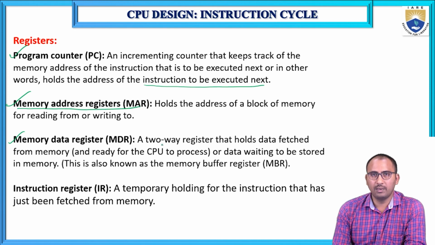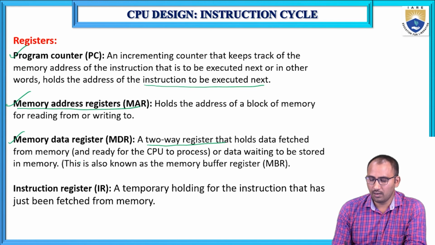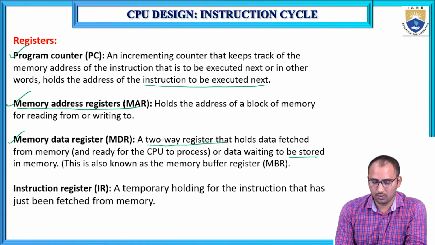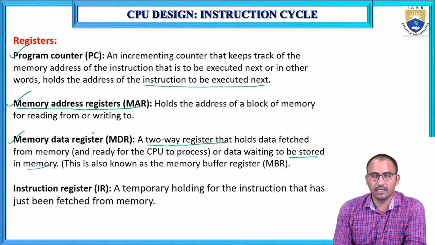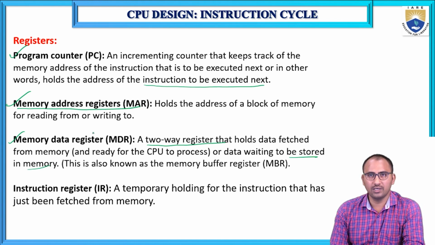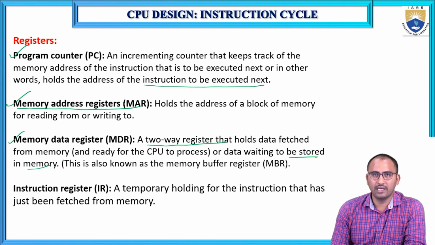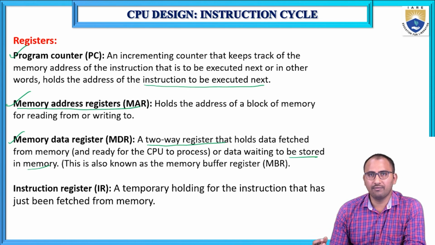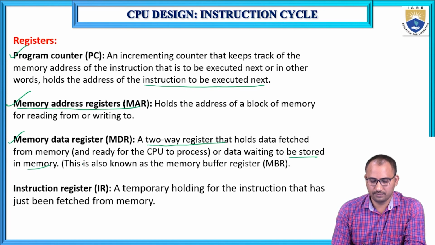This memory data register is a two-way register that holds data fetched from memory or data waiting to be stored in memory. Using this register, we can either store data in the memory, or read data from the memory, which will be placed in the MDR register.